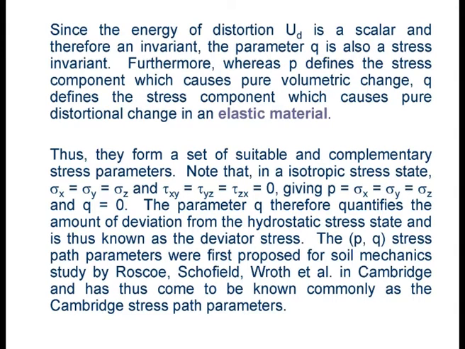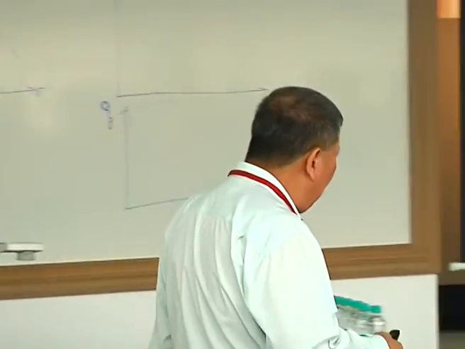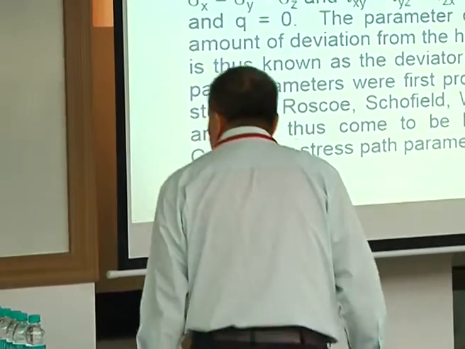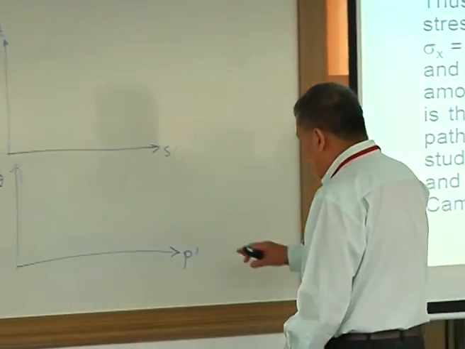Energy is not directional. When you say energy, it's energy at which point, strain energy at which point, but it's not directional. You cannot say energy in the X direction versus energy in the Y direction. Energy has no direction. So in the same way, because Q is derived from energy, it also has no direction. So both P and Q, the Cambridge stress path parameters, are in a sense independent of direction.